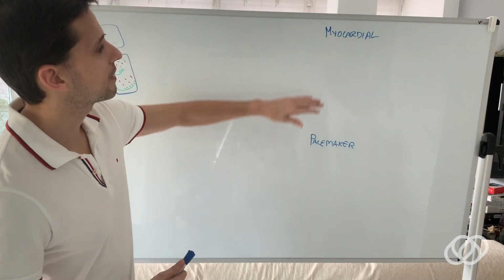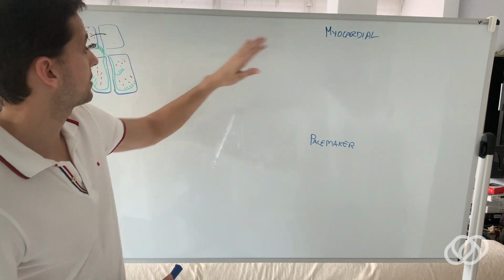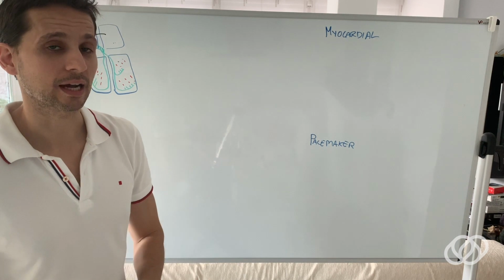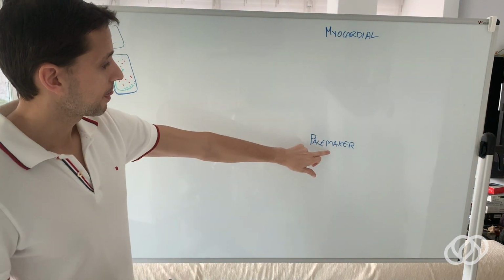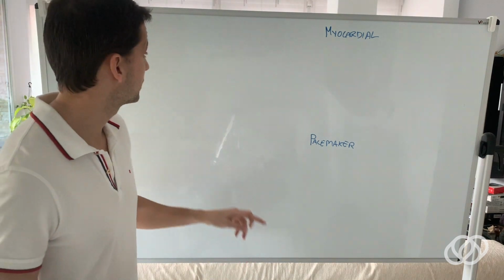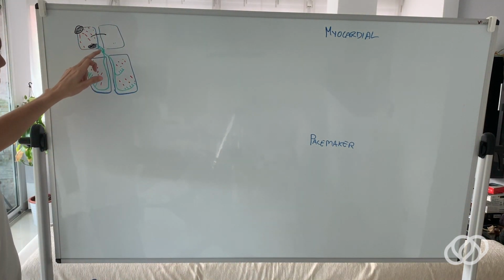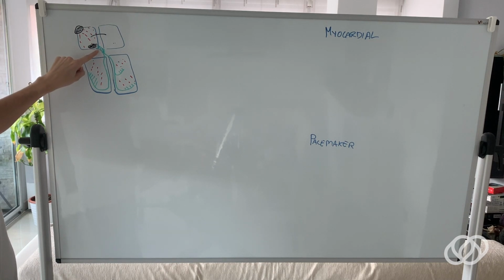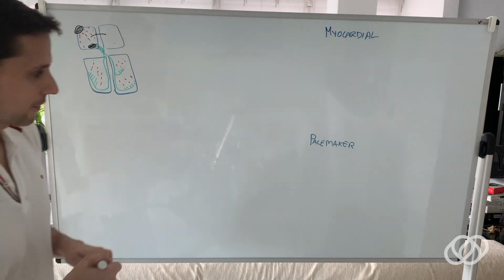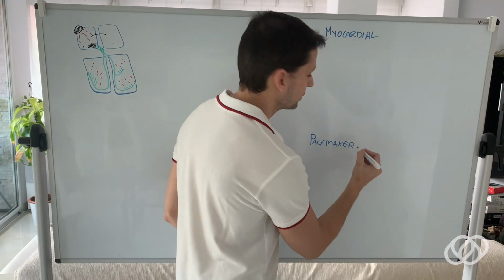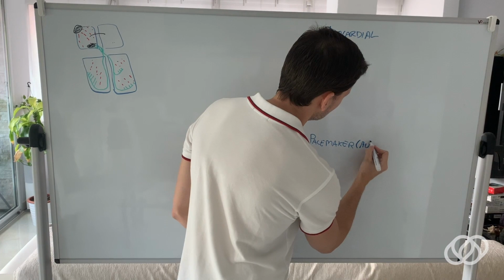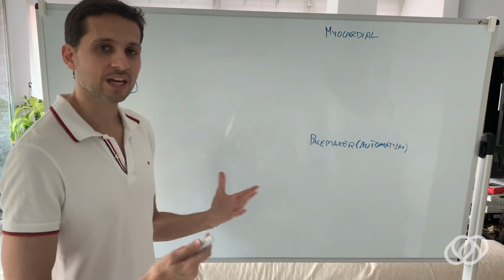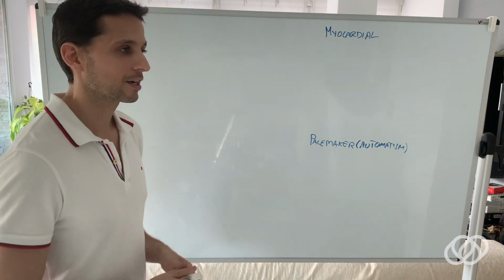They need either another myocardial cell or a cell from the conduction system to be able to initiate the action potential. While the pacemaker cells, that are usually the cells that we have in the conduction system of the heart, either in the sinus node, the AV node, the His Purkinje system, they have a property that is called automatism. This property allows the cells to initiate automatically an action potential.